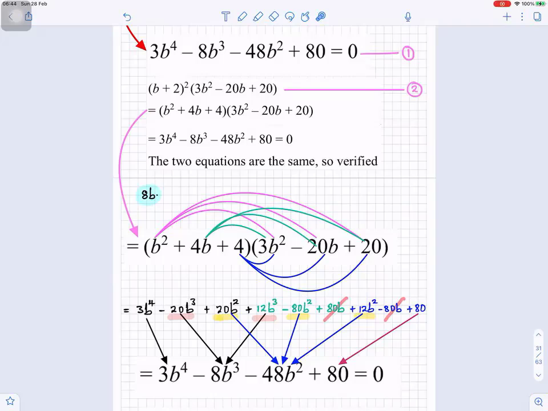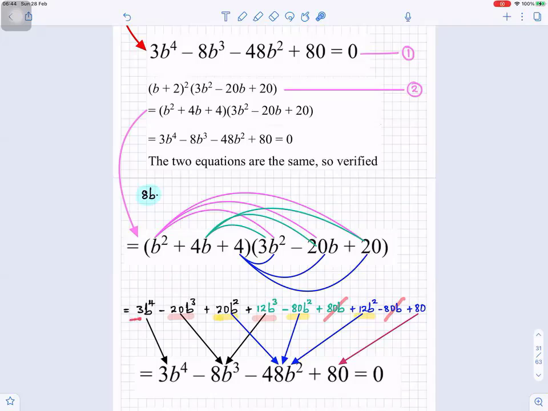So if you expand (b + 2) all squared, that will give you b squared plus 4b plus 4. Now, the two equations are the same because if you multiply it out, following those lines, you will get this expression underneath.